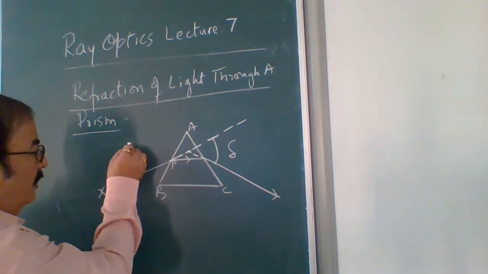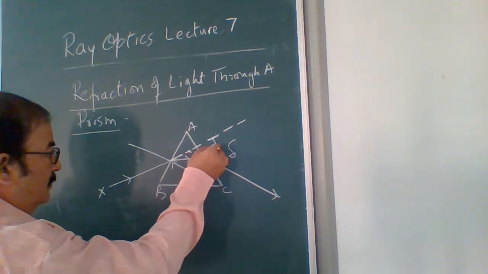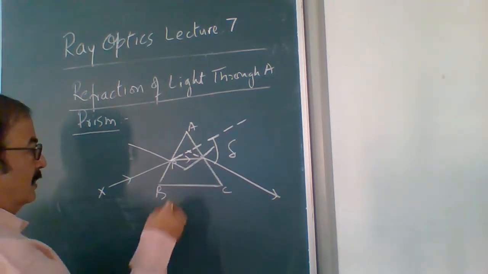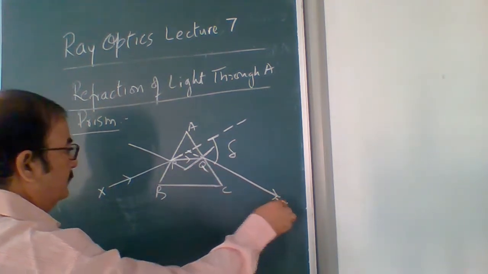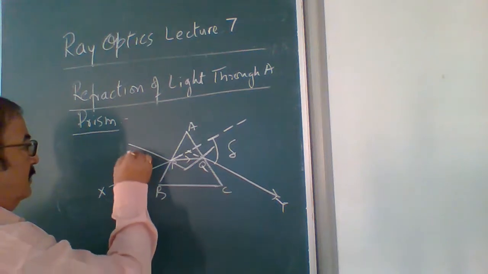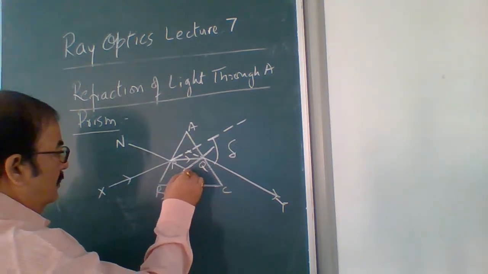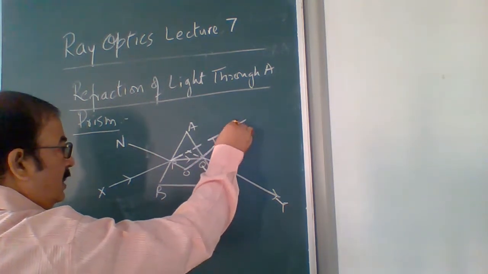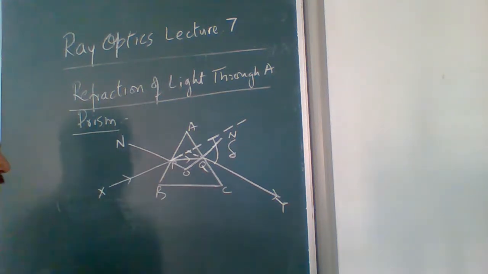If I draw a normal at the point of incidence and also at the point of emergence, they will look like this. Here this point is Q and this is Y. Naturally we can consider this NPO, and this is N'QO. This is all the nomenclature.